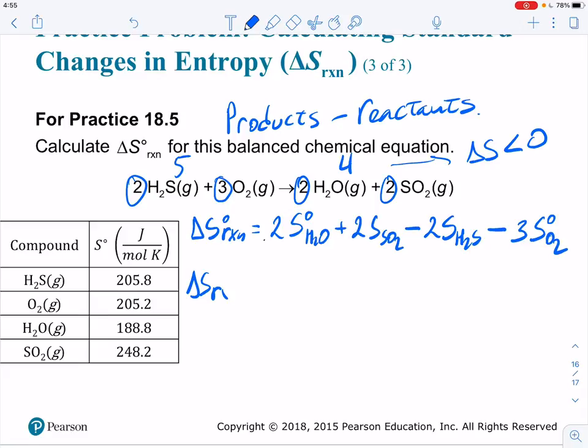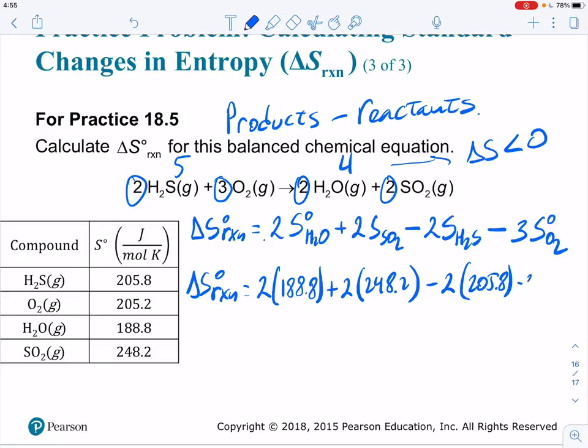So the entropy of reaction is going to be equal to 2 times the one for water, which is 188.8, plus 2 times the one for sulfur dioxide, 248.2, minus 2 times the one for hydrogen sulfide, 205.8, minus 3 times the one for oxygen, 205.2. All right?